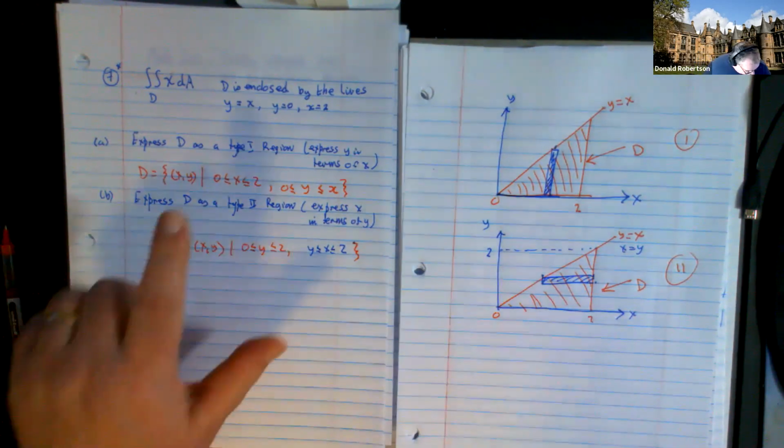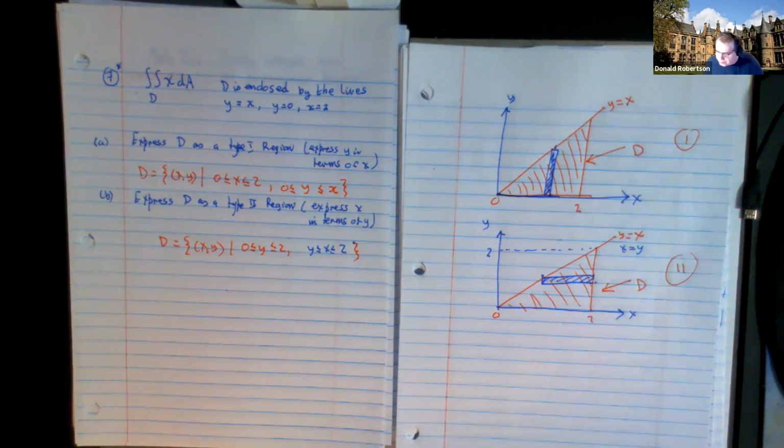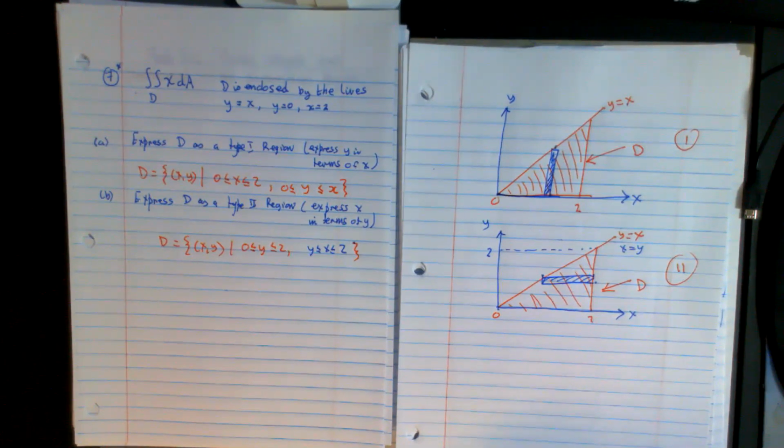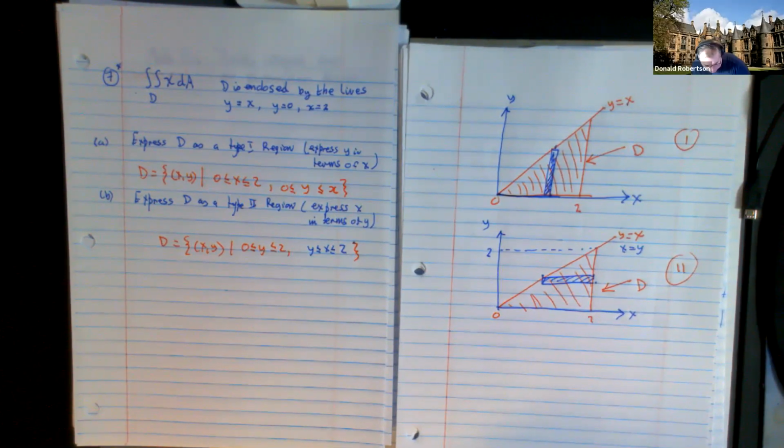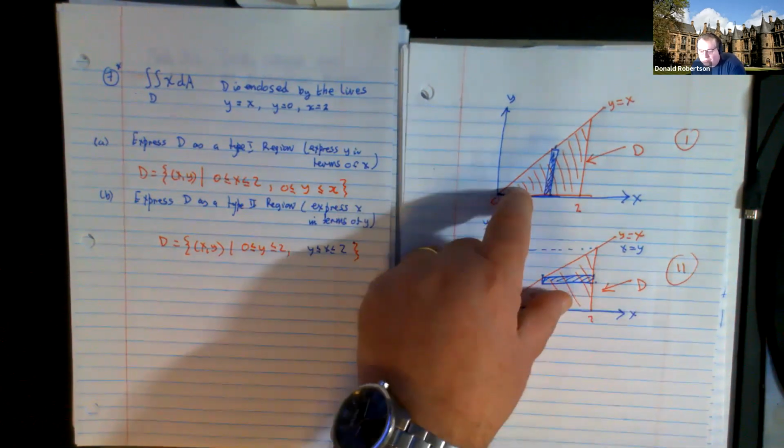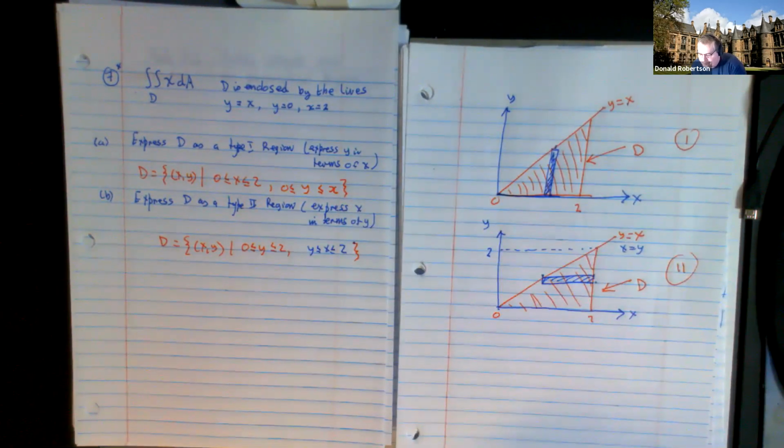Now, what you're meant to do in the rest of this question, I'm trying to think, was it Brooke who said you tried it and had trouble with this? Yeah, it didn't really make sense with the type 1 and type 2 region. So I tried another example and it helped me. And then it told you to solve both of them to make sure you got the same answer. I don't know if I've made it even more complicated, or does this help simplify your mind?